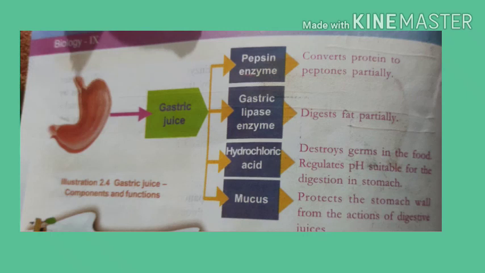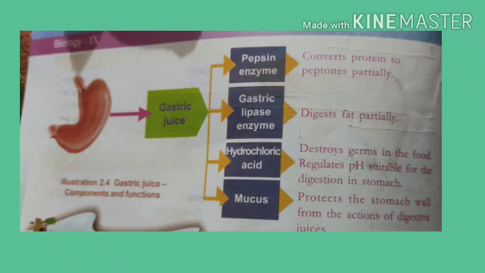The digestive glands in the stomach secrete digestive juices. The different components of these digestive juices convert the food into a paste-like form and convert the components in the food into their simplest form.